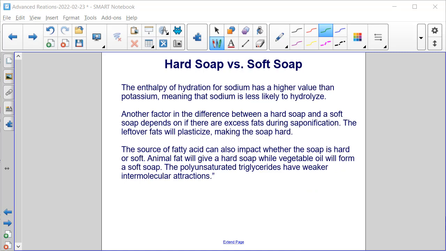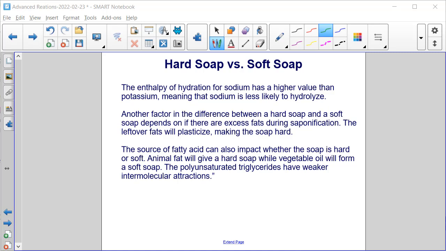The enthalpy of hydration for sodium has a higher value than potassium. That means that sodium is less likely to hydrolyze because it requires more energy, more enthalpy. Another factor in the difference between a hard soap and a soft soap depends on if there are excess fats during the saponification process. The leftover fats will plasticize, making the soap hard.